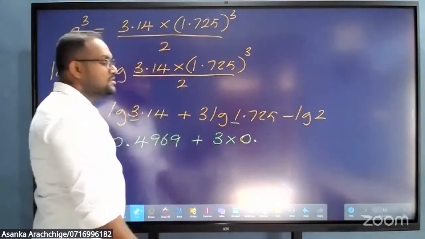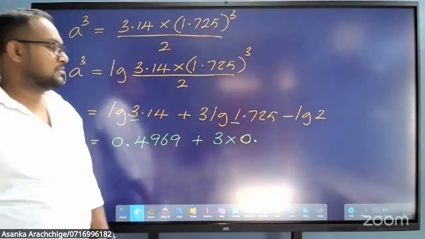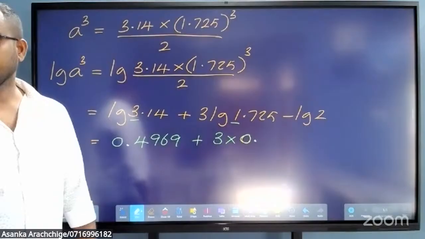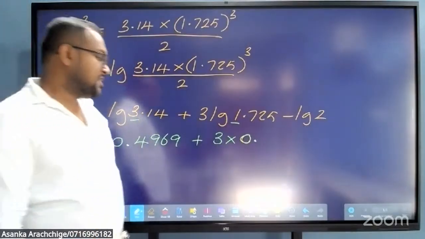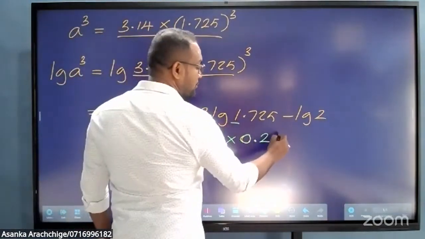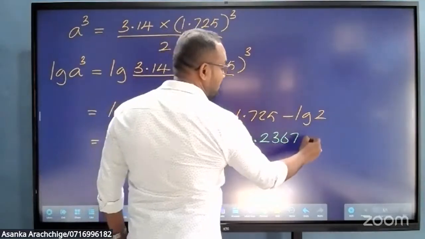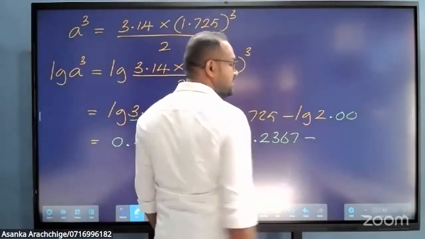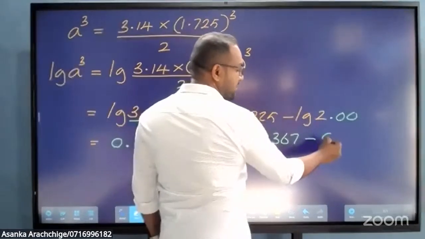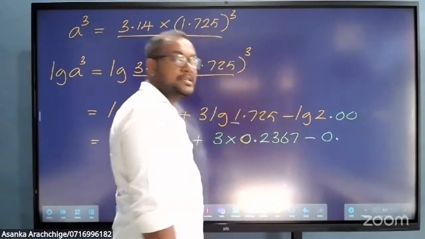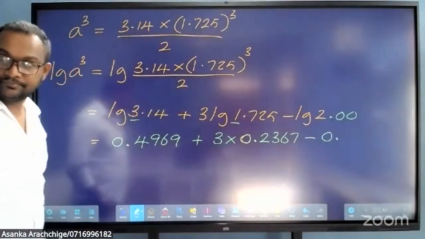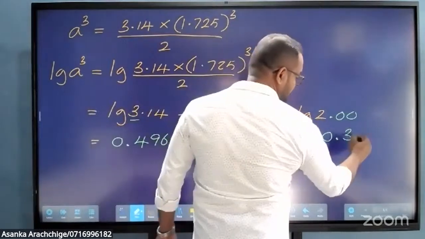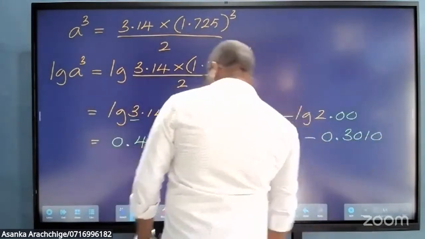Then 17 to 5, 2367. 0.2367 minus lg 2, which is 0.3010.